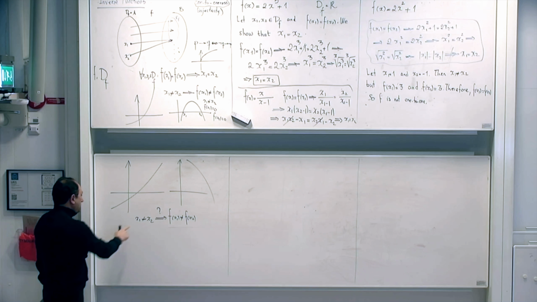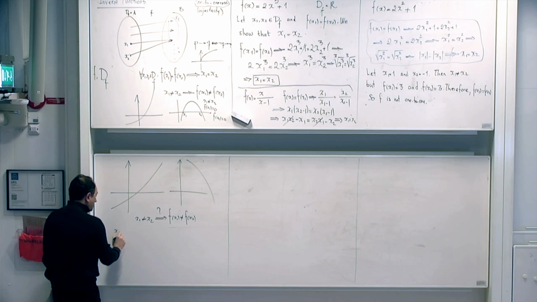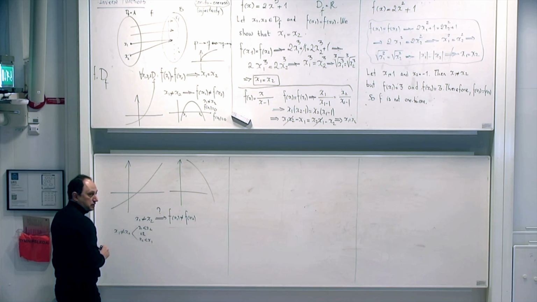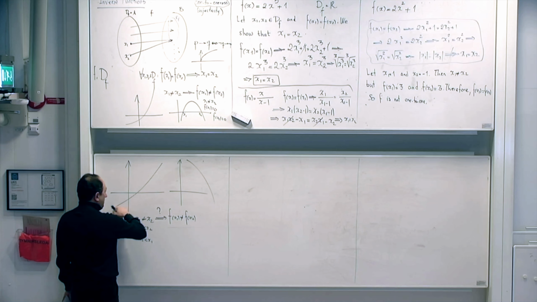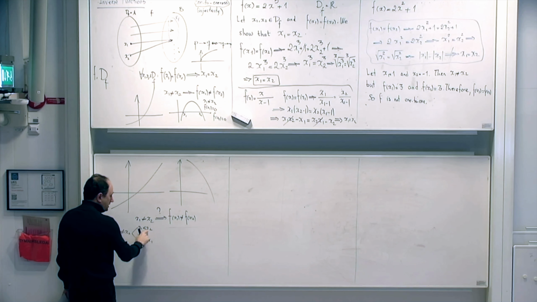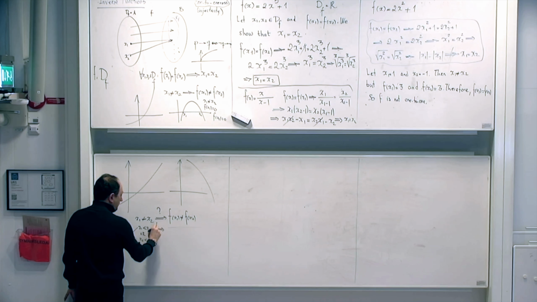Okay, but you tell me, if x1 is not equal to x2, what are the possibilities? Either x1 is less than x2, or x2 is less than x1. But I am considering the scenario that f is increasing. So if x1 is less than x2, and f is increasing, what can I conclude?